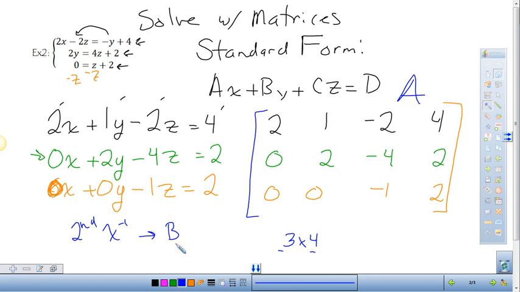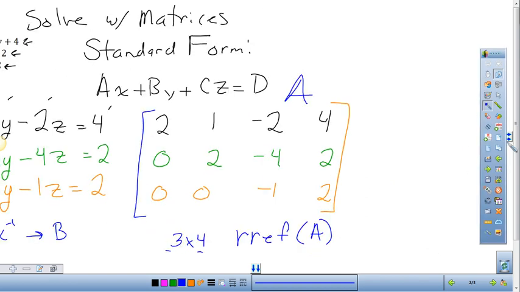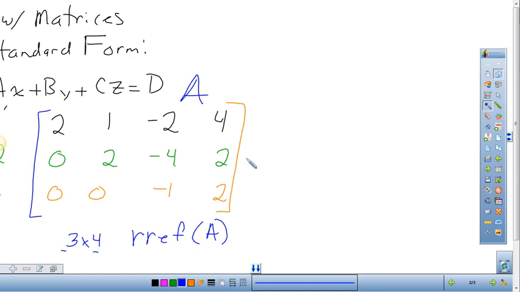Be careful that you do B, not A, because A is just REF, and that is a different thing. So you're going to do RREF, and then go into second matrix again and choose matrix A. And if you hit enter, this is super awesome. If you hit enter, you're going to get a matrix.